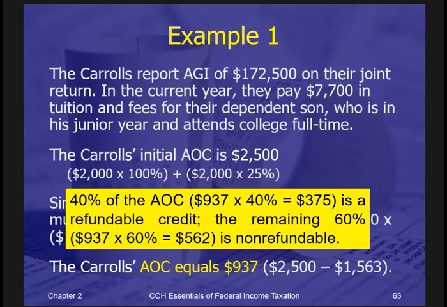Now, once you've done that, the 40-60% split still applies. 40% is refundable, 60% is non-refundable. So depending on what their tax liability is, they may lose some of that non-refundable if they don't have enough tax liability. But the 40% for sure will be refundable.